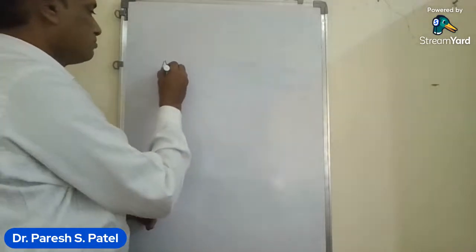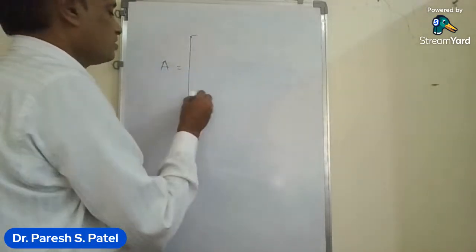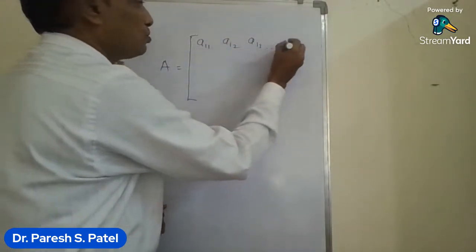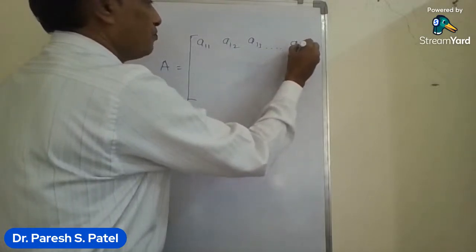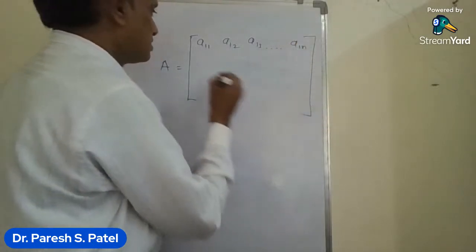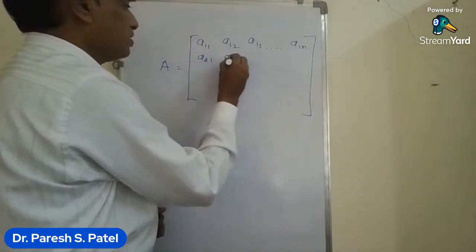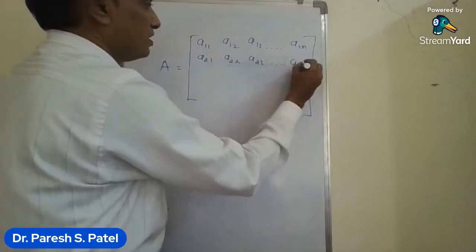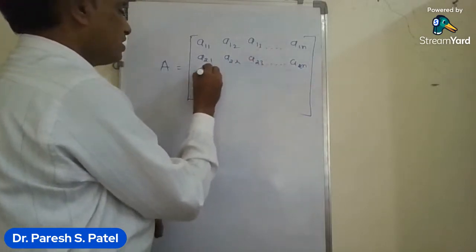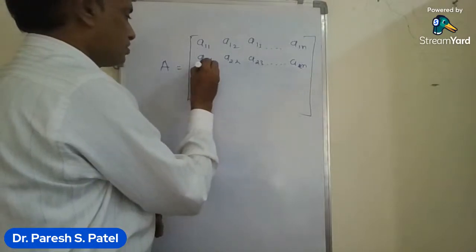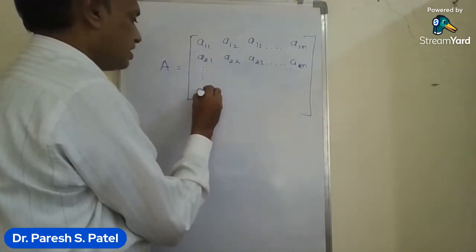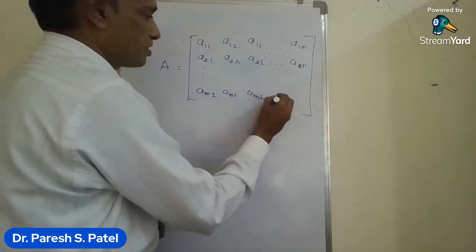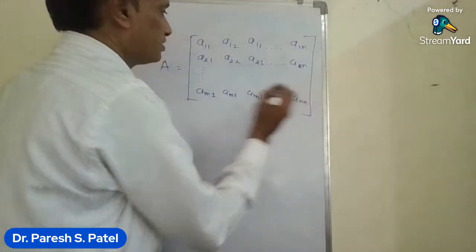For example, matrix A can be represented as A11, A12, A13, and so on up to A1n. Similarly, A21, A22, A23, and so on, and similarly AM1, AM2, AM3, and so on up to AMN.